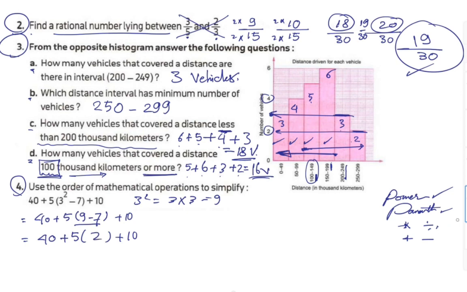After brackets, multiply or divide from left to right. So I will start from the left. Here we have multiply 5 by 2, then plus, no divide, just multiply. So I need to solve this multiply first. Multiply 5 by 2 equals 10.